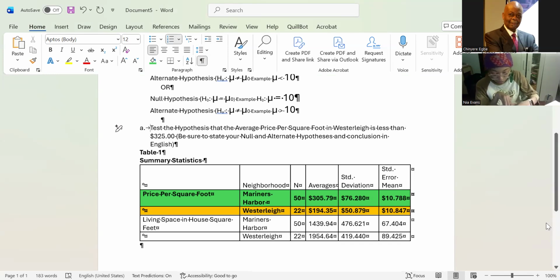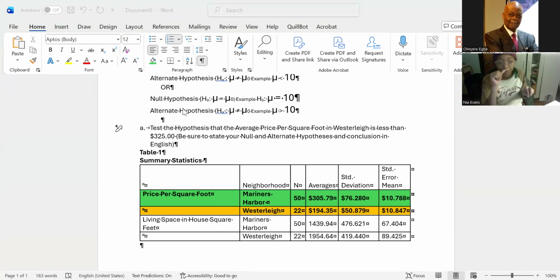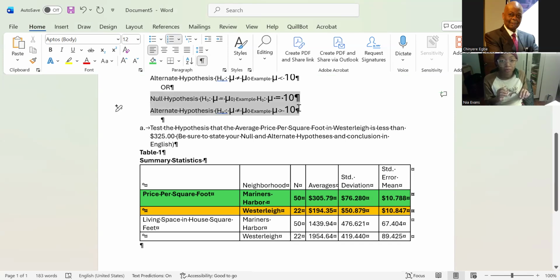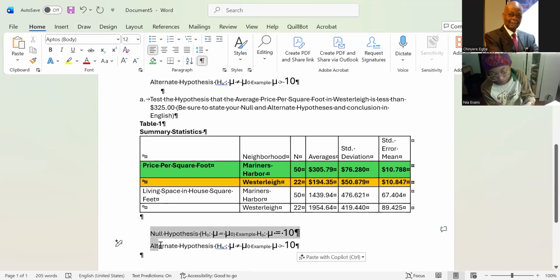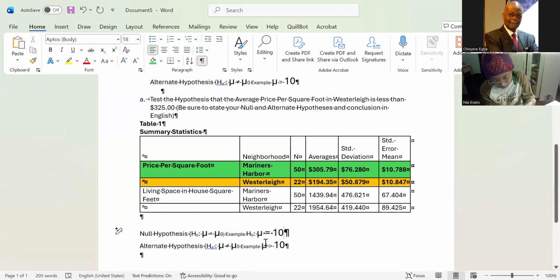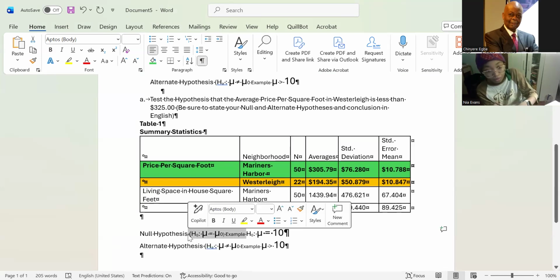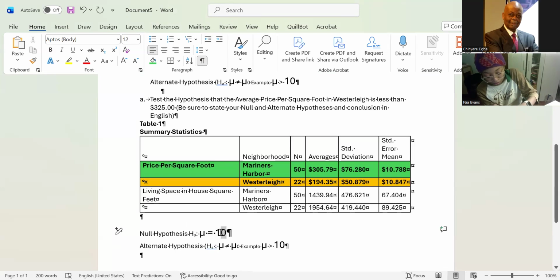So let us then proceed. Here, our null hypothesis is that mu is 325.